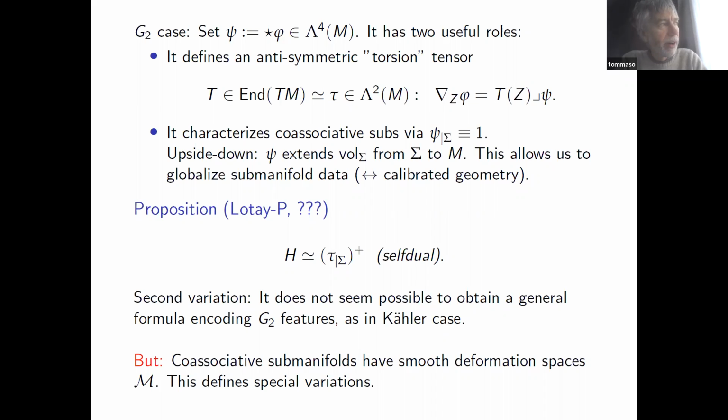I'm not able to find a complete analog of O and Van's formula in the Kähler case, but something interesting happens. And this concerns the moduli spaces I was talking about. You take a co-associative submanifold, and geometrically it is very natural to deform it in the directions that keep it co-associative. You deform it inside the moduli space.